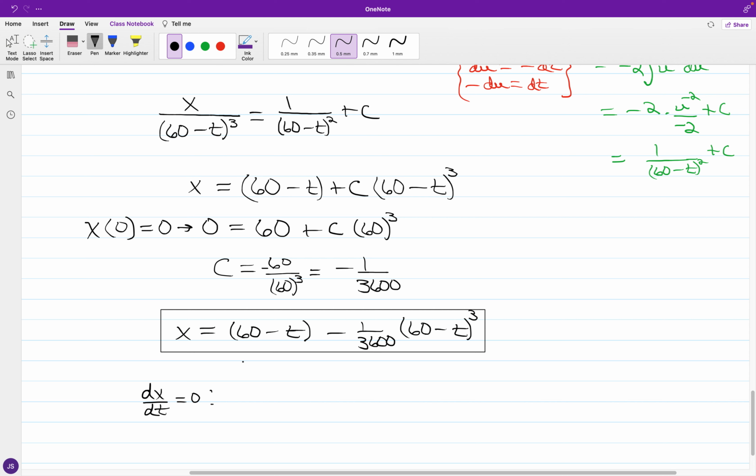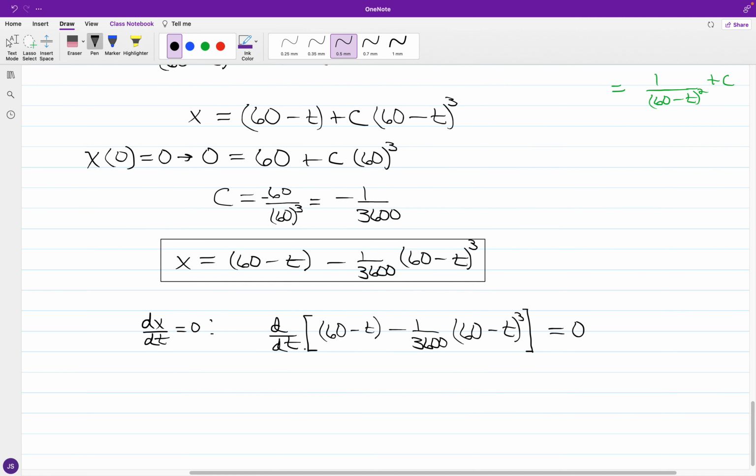So if I take the derivative of what I have for x, I have d over dt of 60 minus t, minus 1 over 3600 times the quantity of 60 minus t to the third, is equal to 0.